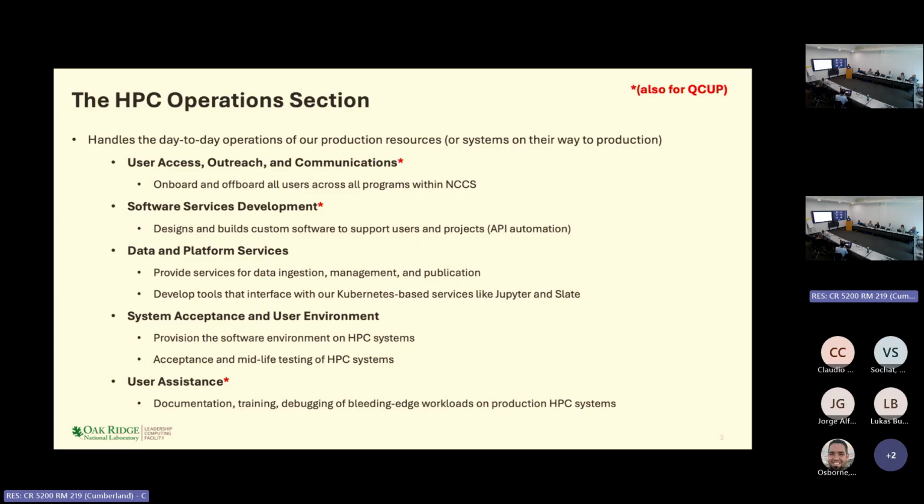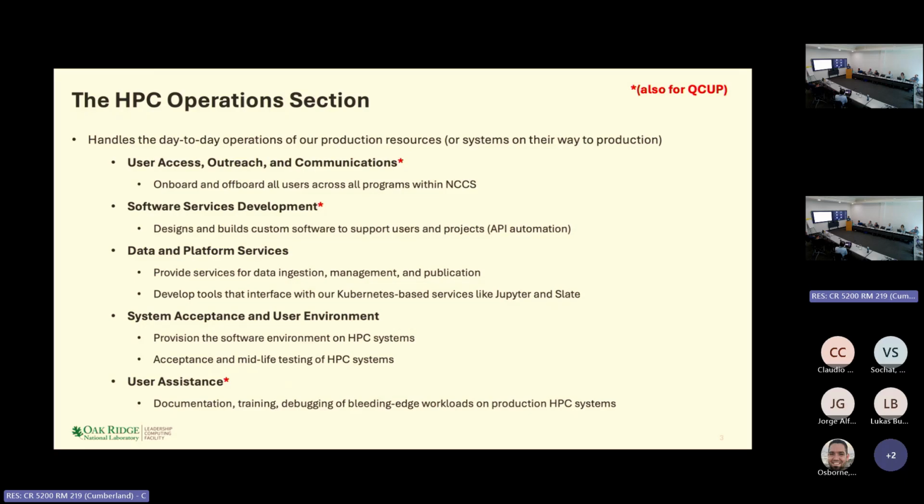Data and platform services is a relatively new group in our section, and they're focused mainly on the Kubernetes side of things. So that's on the rise. They also help manage our publication streams for DOI data from our center. Then, of course, we have the beefy one, system acceptance and user environment. Those are the folks running acceptance tests on all of our systems for HPC and also deploying the software environment at the same time.